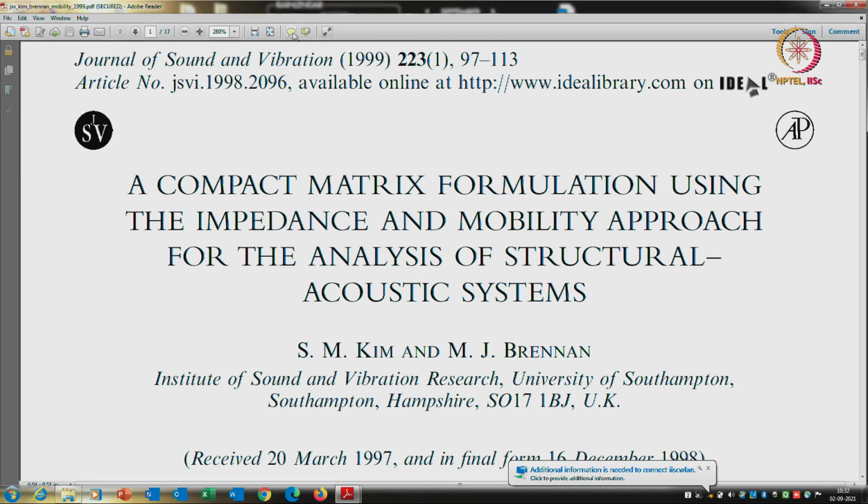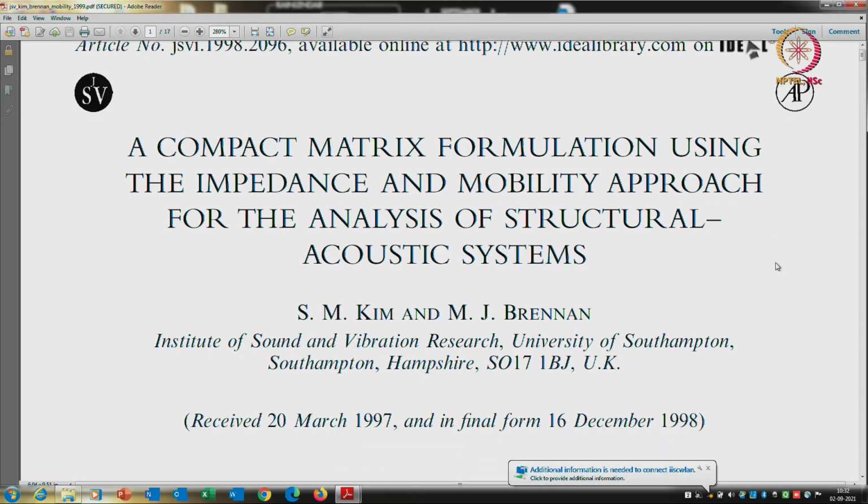So this is the paper here, published in Journal of Sound and Vibration 1999, volume 223, number 1, pages 97 to 113, and the full title: Compact Matrix Formulation Using the Impedance and Mobility Approach for the Analysis of Structural Acoustic Systems. Okay, so let me move down.